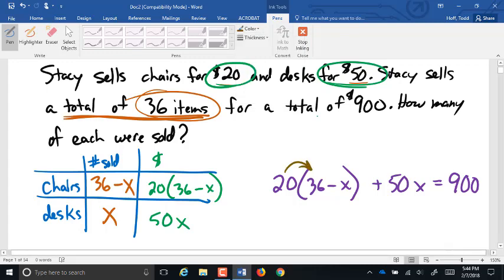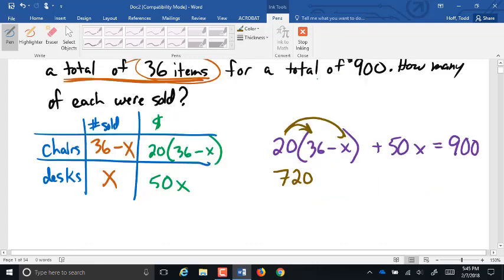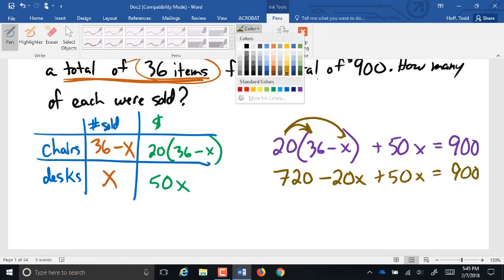20 times 36 is 720. We see the parentheses. Of course, we have to do something there first. 20 times negative X, negative 20X. We've got to remember we've got the plus 50X there equals 900. Now remember, before we start to solve, we have to combine anything on either side that we can.